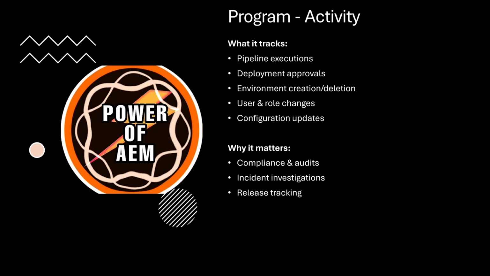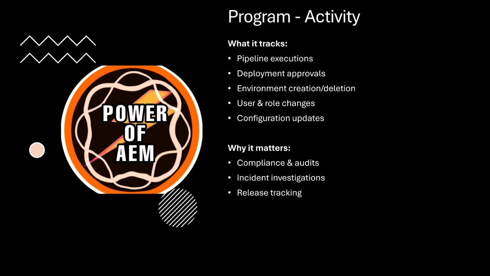For your stage and production pipeline, generally we need to provide approval to push all the changes to the production environment. So the approval window you can get through the activity section. Environment creation and deletion you can also do through activities. However, that is available on the overview window of Cloud Manager.